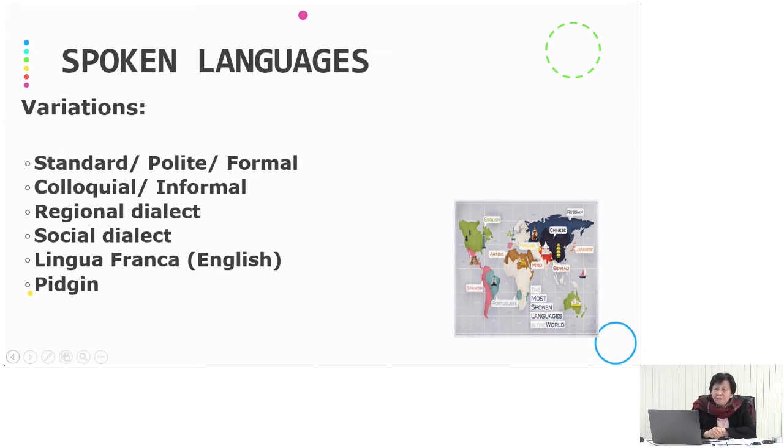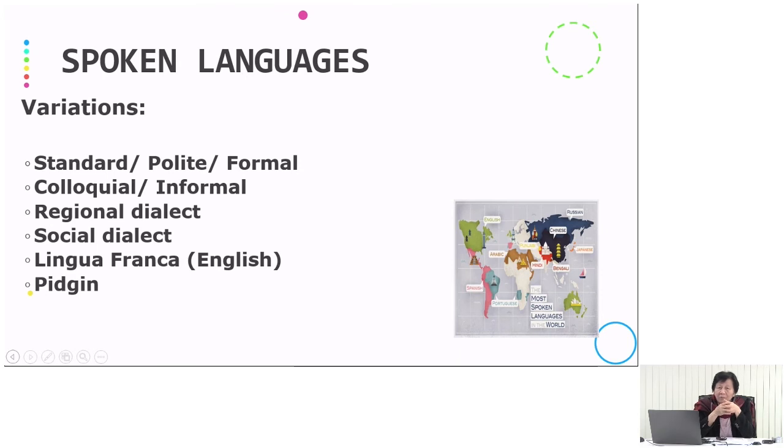At the same time, pidgin means the language in an area where people use different languages, but they try to use one language that is supposed to be the standard, polite, or formal form.